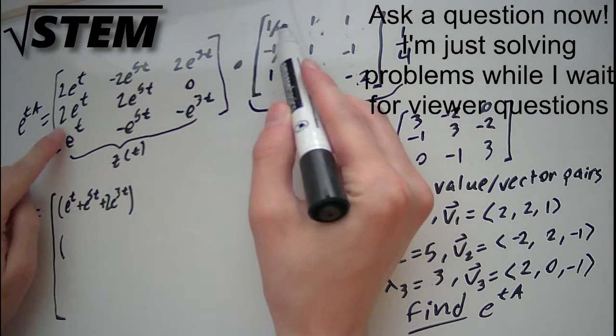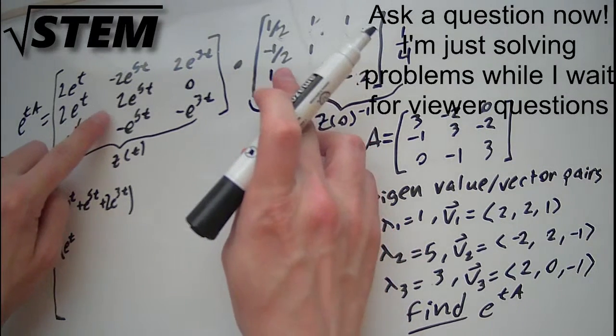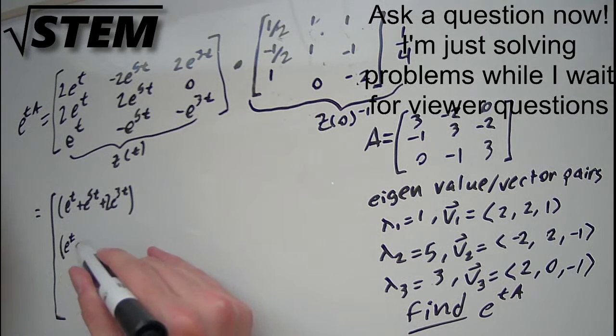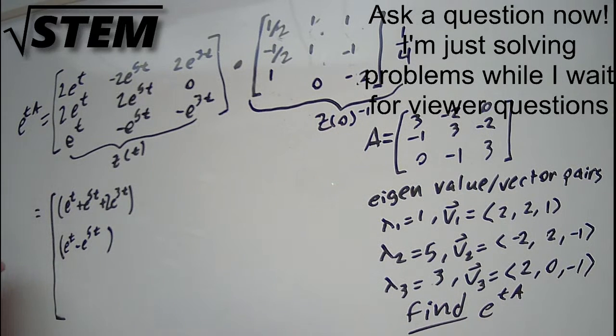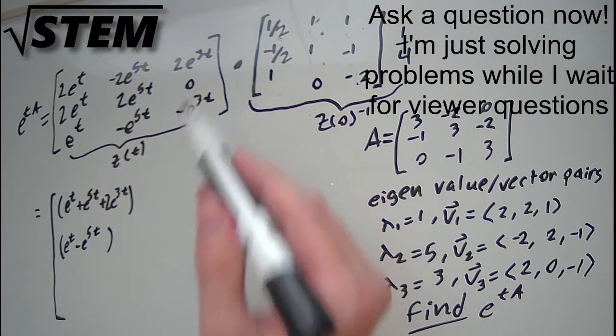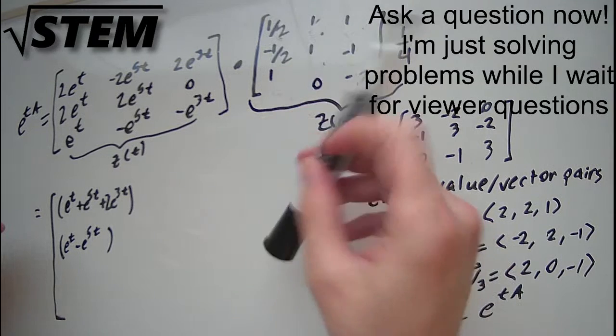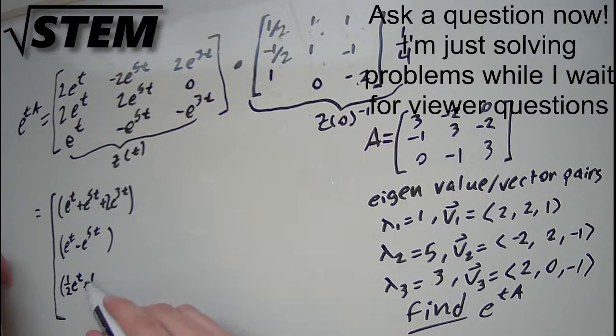So that gives us e to the t minus e to the 5t and 0. 0 because of this, not because of that. Yeah, 1 times 0 is 0. So next we'll dot this column with the bottom row. So we'll get a half e to the t plus a half e to the 5t and negative e to the 3t.